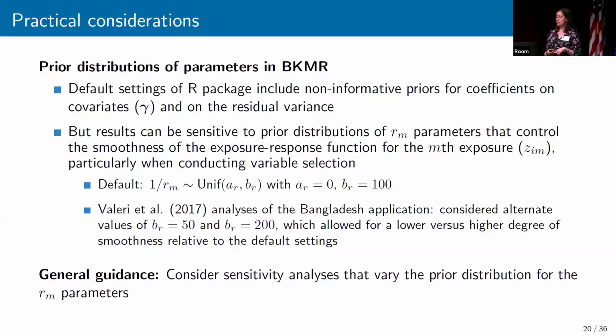So the default is an inverse uniform prior where there's a lower and upper bound. And in the Valeri et al. application that uses the full Bangladesh exposure data, we considered alternate values that allowed for lower and higher degrees of smoothness relative to the default settings. So the general guidance here is to consider sensitivity analyses, especially for these parameters.